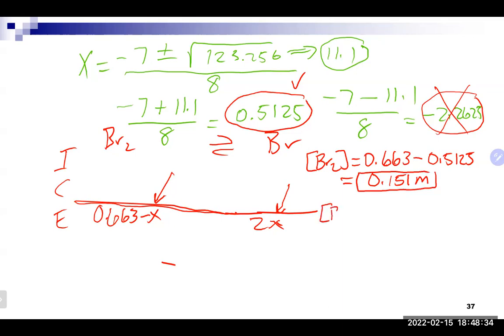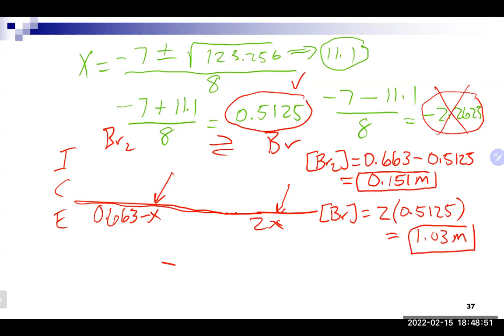For Br, it is equal to 2 times x, which would be 2 times 0.5125, and that gives us maybe 1.03 molar for our Br concentration. These would be our equilibrium concentrations for each of these by taking our x value and substituting it into our equilibrium line.